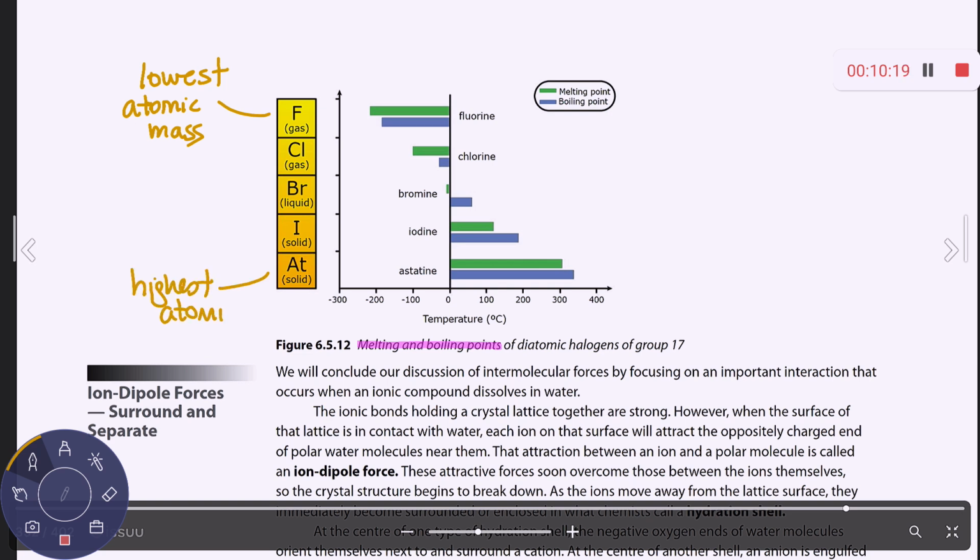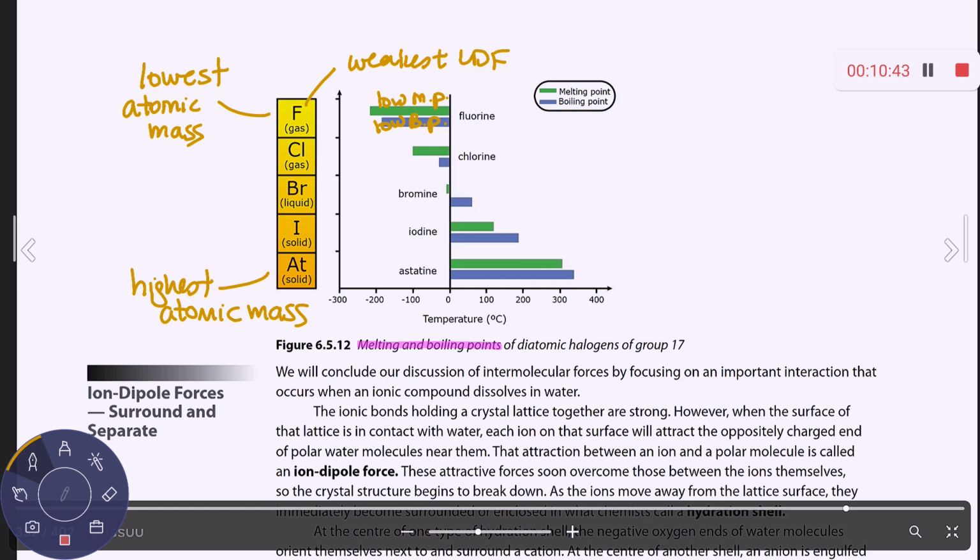And this will influence the strength of your London dispersion forces. So the fluorine will have the weakest London dispersion forces, which means it takes very little energy to pull those particles apart. That's why you have such a low melting point and boiling point.